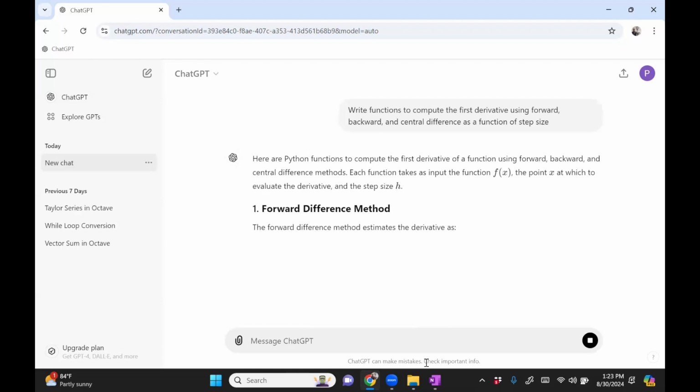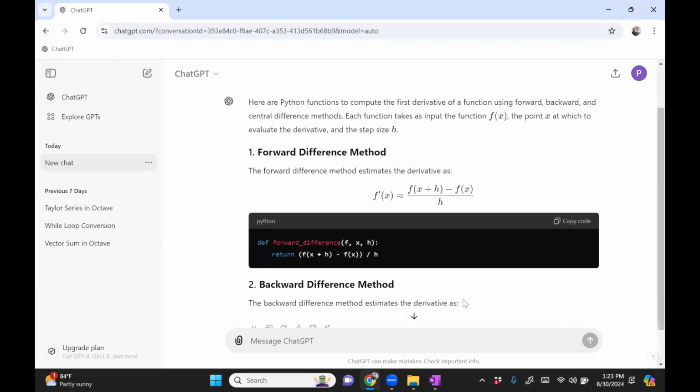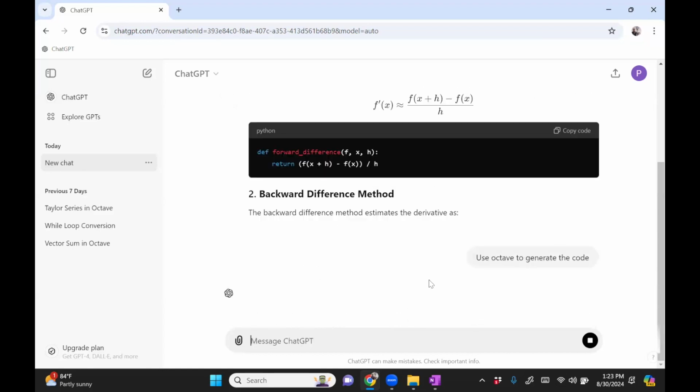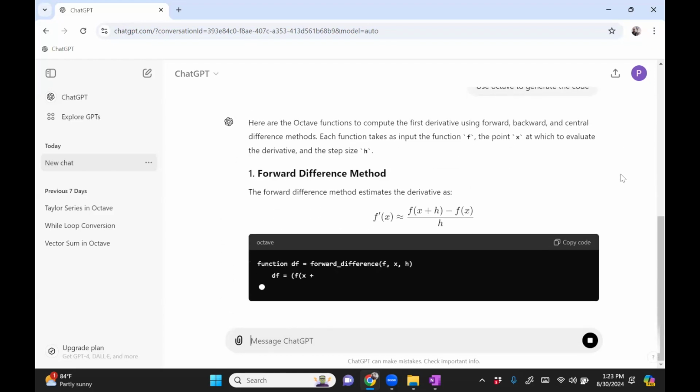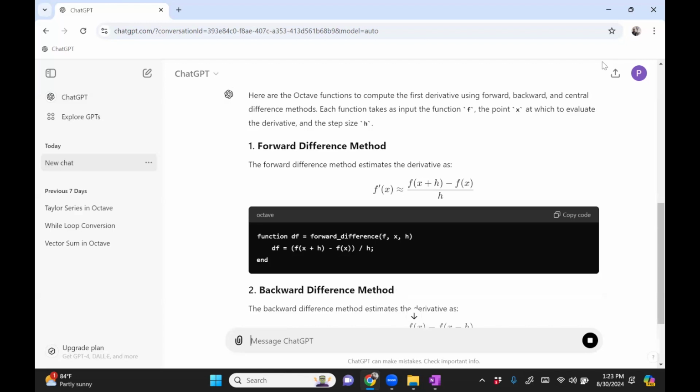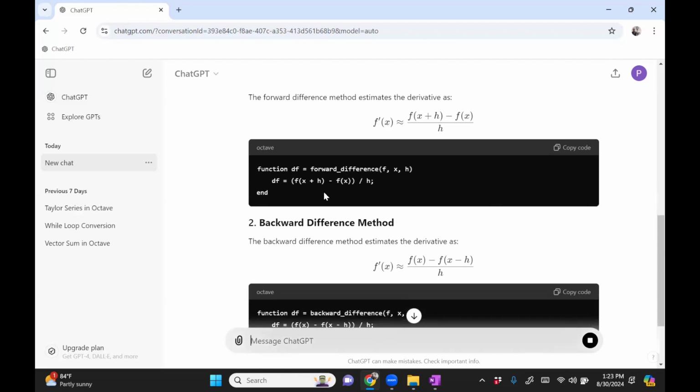Let's get into Python. Use Octave. Okay, so here's Octave. Okay, so this looks familiar.